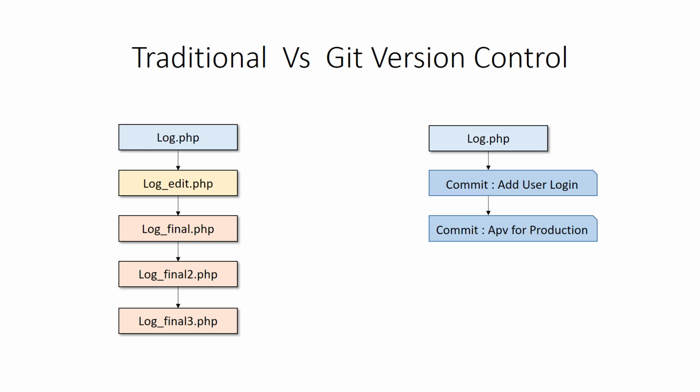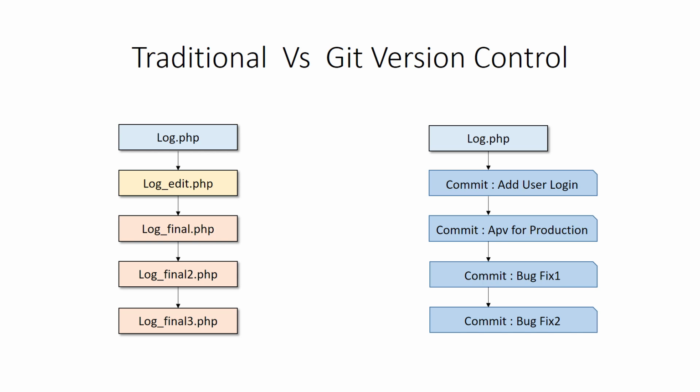After you approve, somebody reports that there is a bug. You fix log.php, but you update the commit only. You don't change the file name. So it becomes commit bug fix 1. And then there is another bug that we need to fix. It becomes commit bug fix 2. See, the difference is that with Git version control you have the same file but different commits to it, compared to the traditional approach where you end up with 5 files.